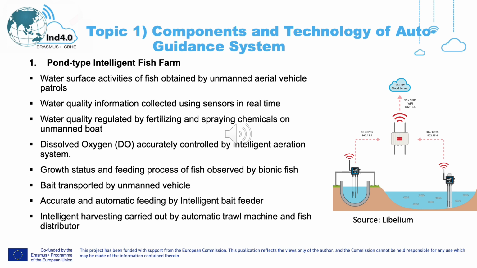Bait is transported by unmanned vehicle. DO is accurately controlled by intelligent aeration system, and the intelligent bait feeder realizes accurate and automatic feeding. Intelligent harvesting is carried out by automatic throw machine and fish distributor. Only when all systems work together in an orderly manner can the reliable operations of the pond type intelligent fish farm be guaranteed.